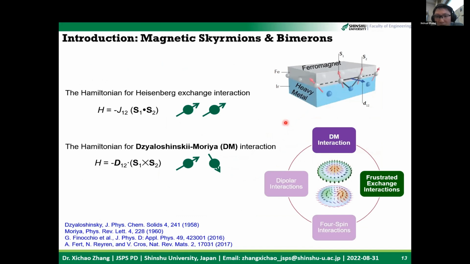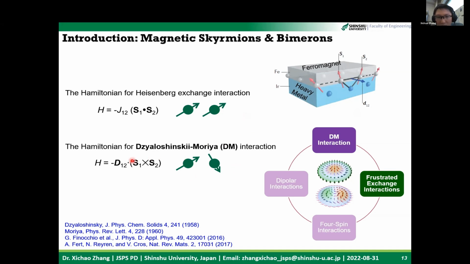Okay, so in order to stabilize topological spin textures in magnetic materials, we need to have some special interactions such as the Dzyaloshinskii-Moriya interaction. This is because the normal ferromagnetic exchange interaction only favors the parallel or anti-parallel alignment between two adjacent spins, so it cannot stabilize the non-collinear topological spin textures.